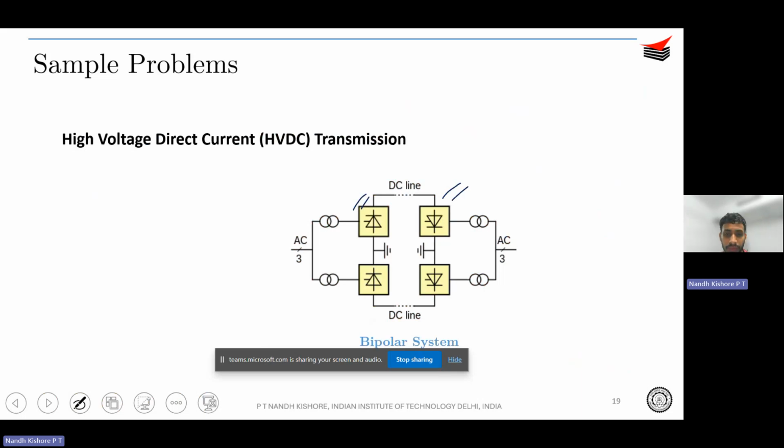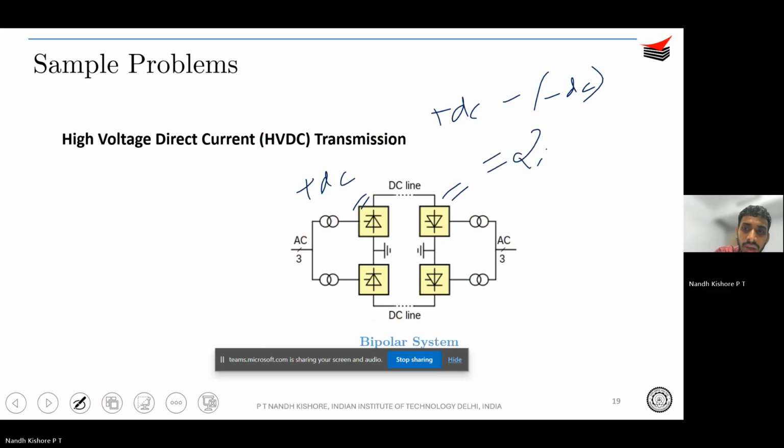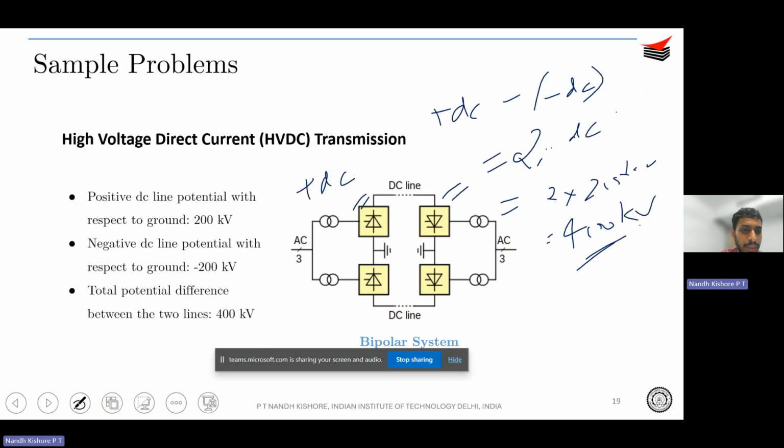So the total voltage is going to be plus DC minus of minus DC, that is 2 into DC, that is 2 into 200 kilovolt, which is your 400 kilovolt. The positive DC line potential with respect to ground is 200 kV, and similarly the negative DC line potential with respect to ground is minus 200 kV. Therefore, the total potential difference is going to be 400 kV. Okay, fine.